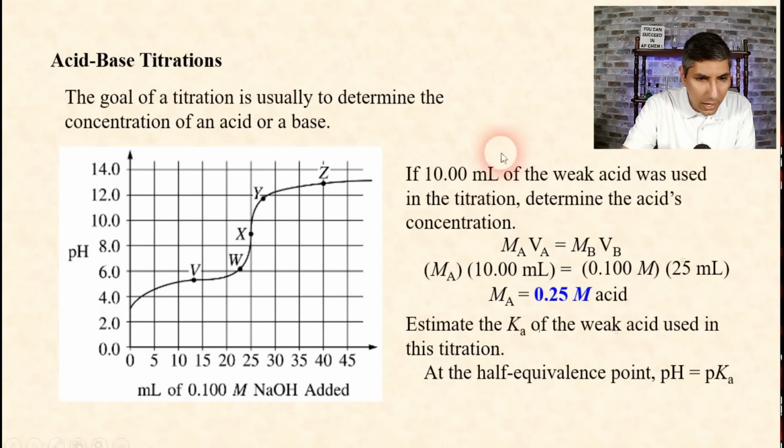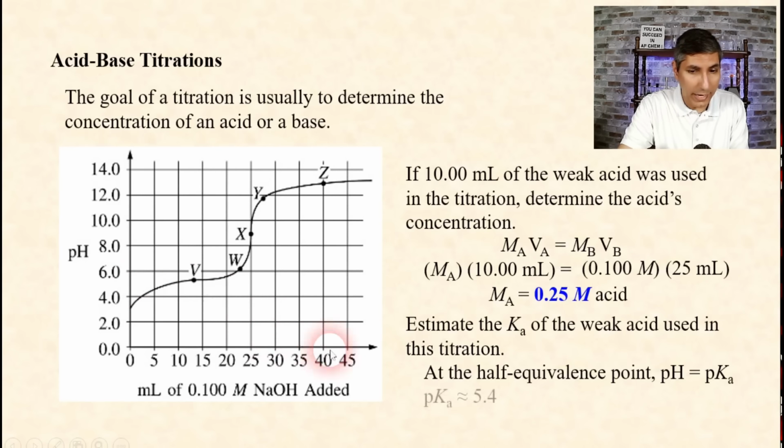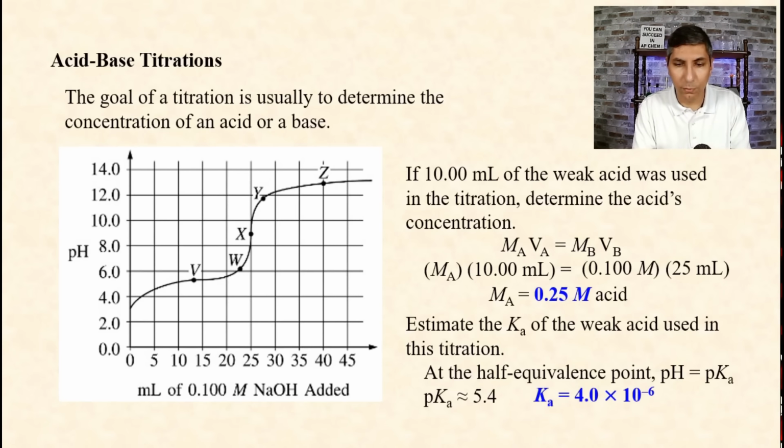So 25 milliliters got us to the equivalence point. So halfway there is 12.5. So it looks like it's right here. It's denoted by point V on this curve. That seems to be, it's kind of hard to eyeball that, probably somewhere around 5.4, 5.5 is the pKa of that acid. So that means that the Ka is 10 to the negative 5.4 power, which is around 4.0 times 10 to the negative 6.